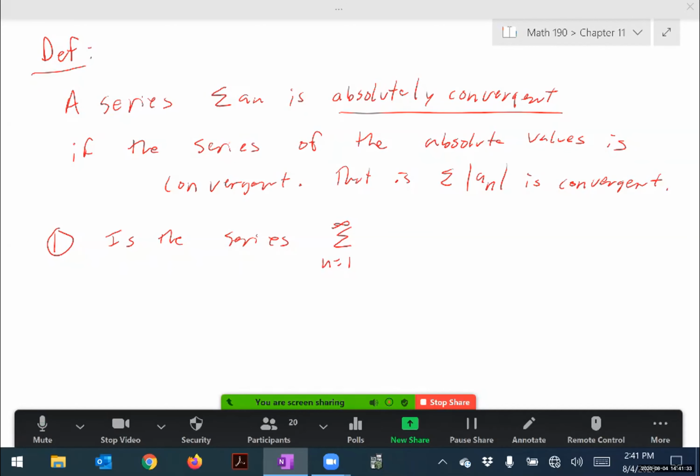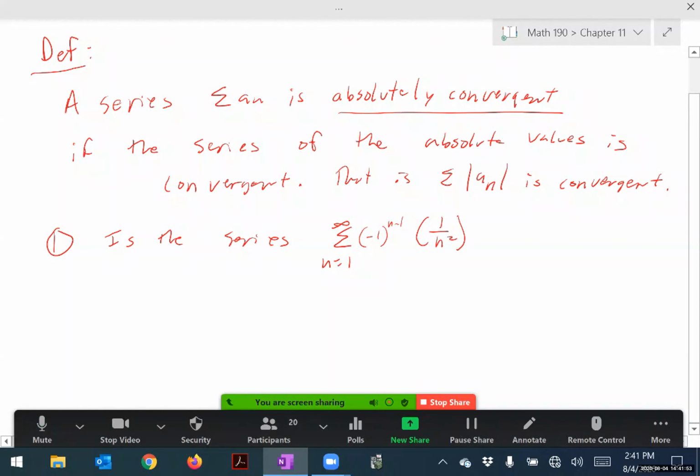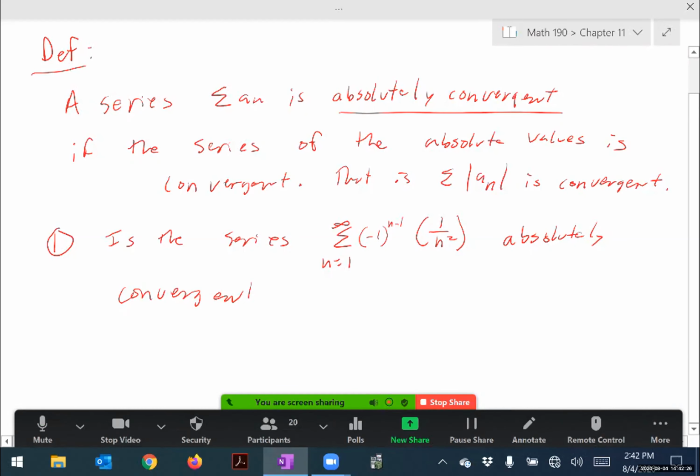Is the series, the sum from n equals 1 of (-1)^(n-1) times 1 over n squared, absolutely convergent or divergent?